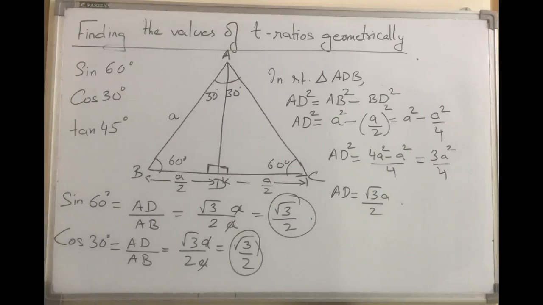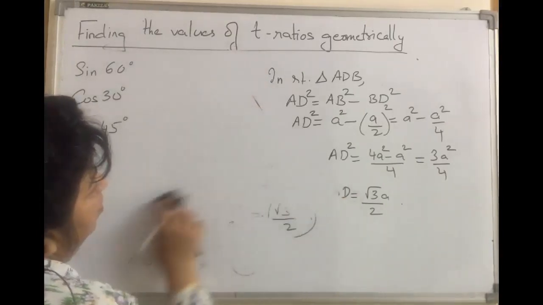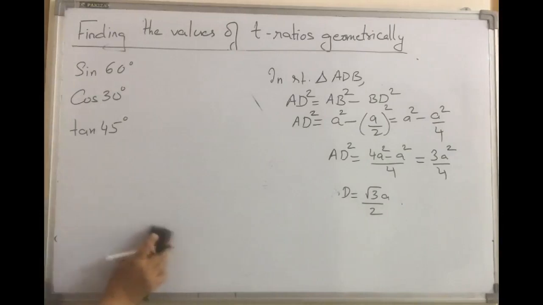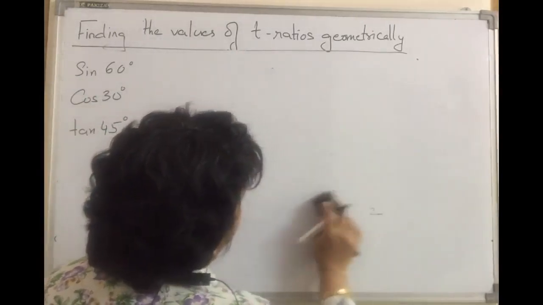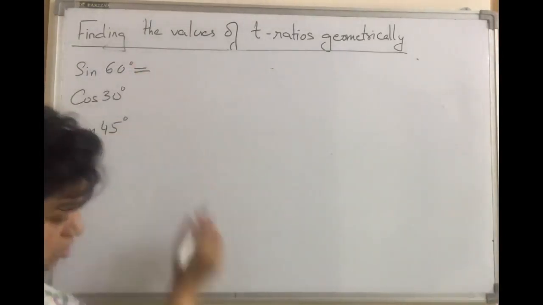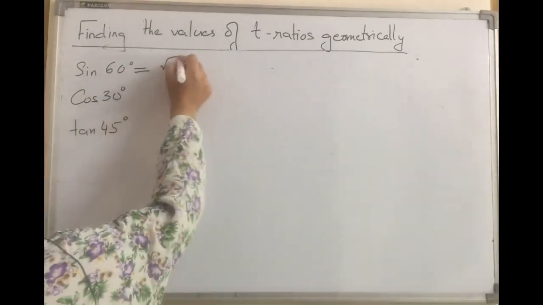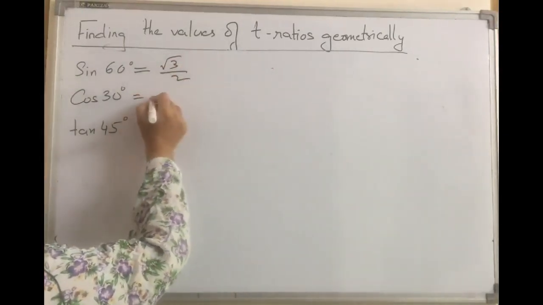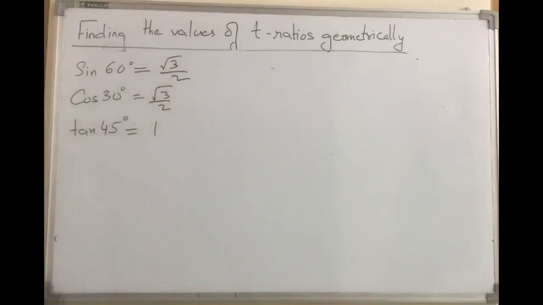Now, how do we find out tan 45 degree? So this is root 3 by 2. This is root 3 by 2. Tan 45, the numerical value is 1.